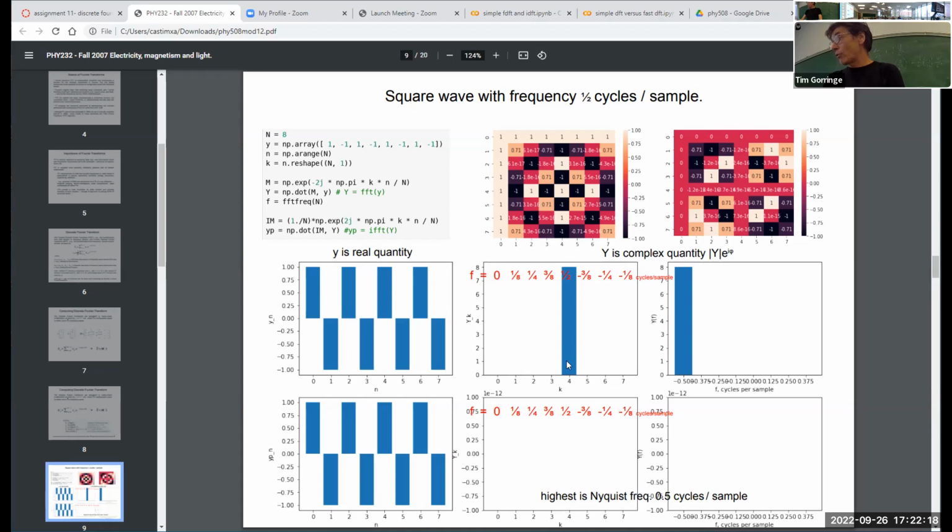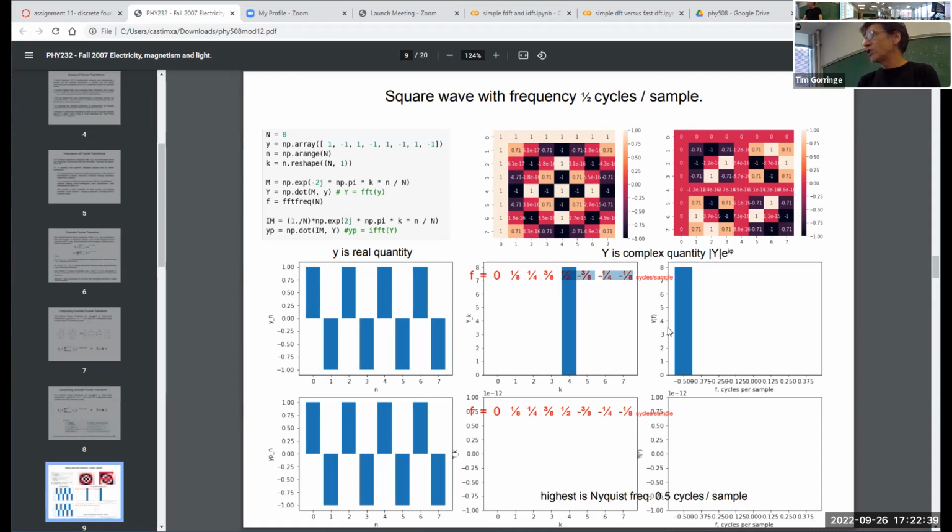So this one where we see a non-zero value, that's half a cycle per sample. This is the zero, this is the offset. And then this group here and this group here are just the mirror of each other.